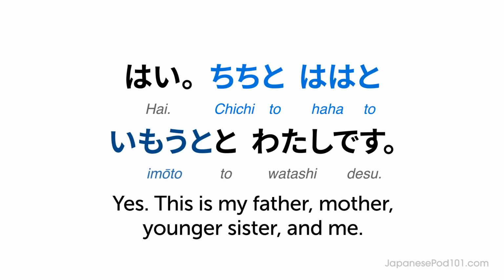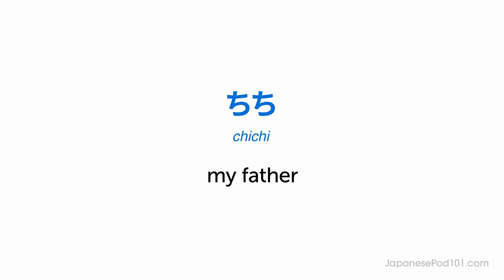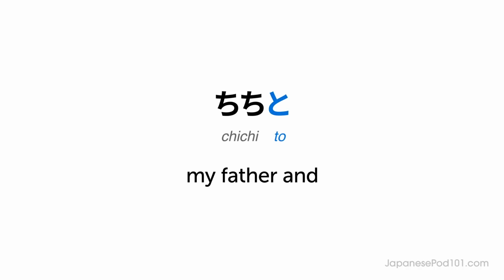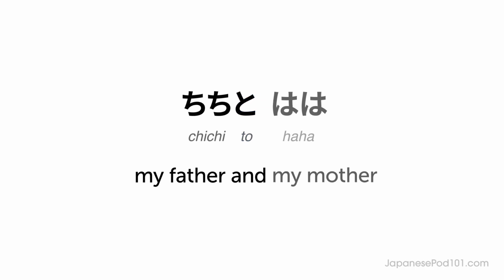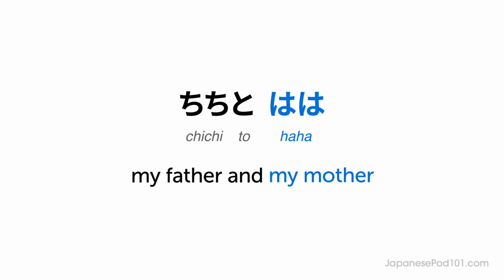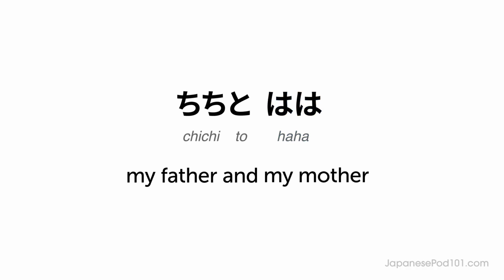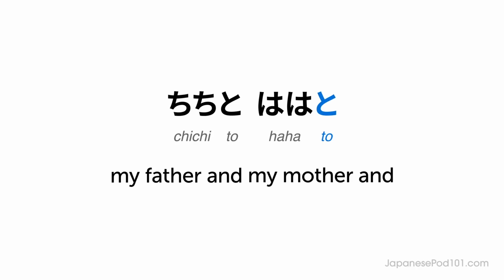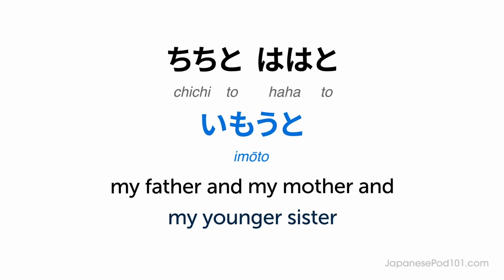First is 父, meaning my father. Next is the particle と, meaning and in this context. 母, my mother. After this, と, and. 妹, my younger sister.